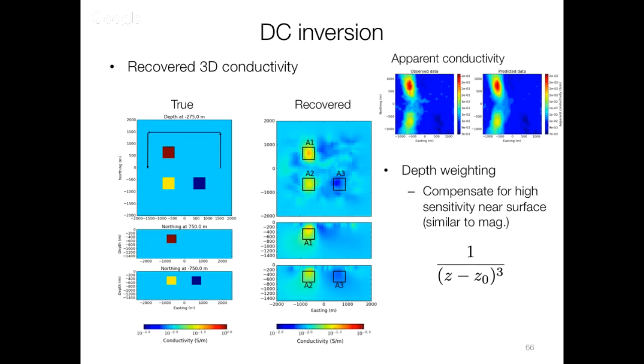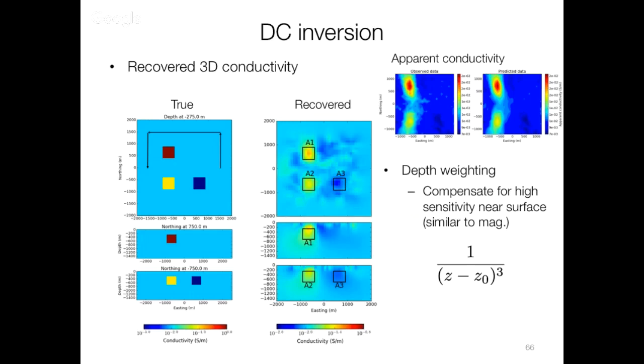It's just kind of like inverting magnetics data or gravity data because you only have one source that's associated with it. So in order to really make any real progress in that, we actually have to put a depth weighting in. With inverting magnetic data, remember there's a 1 over r cubed drop off, gravity data 1 over r squared. It helps a lot if you put that into the inversion program and then balance out that sensitivity.